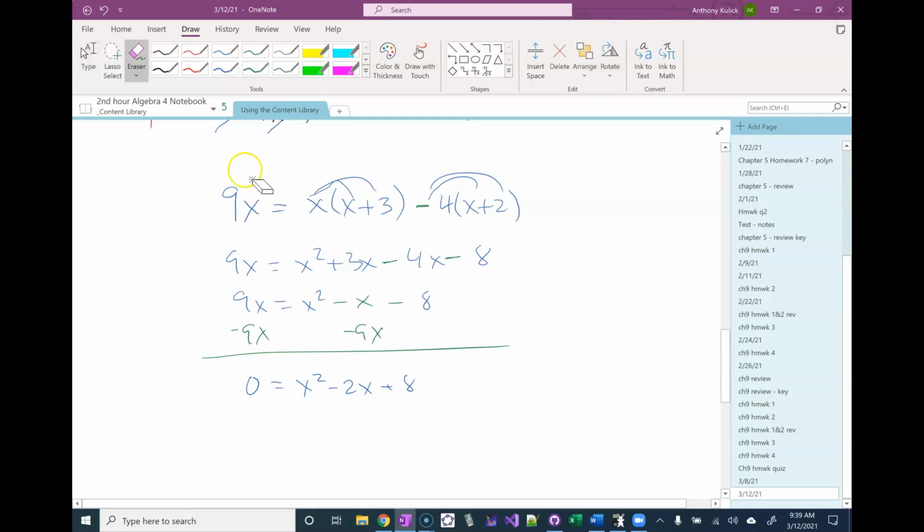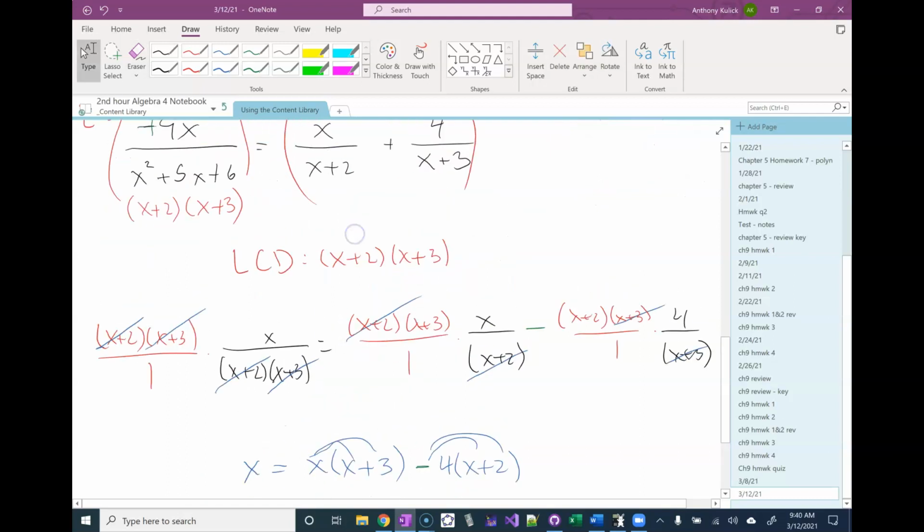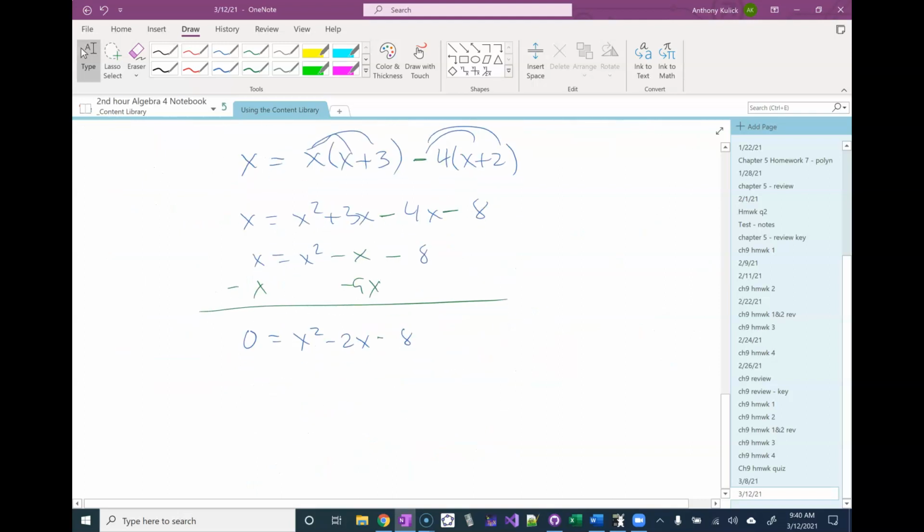And then this 9x really just needed to be x. There. Now I think it's done what I needed it to do.